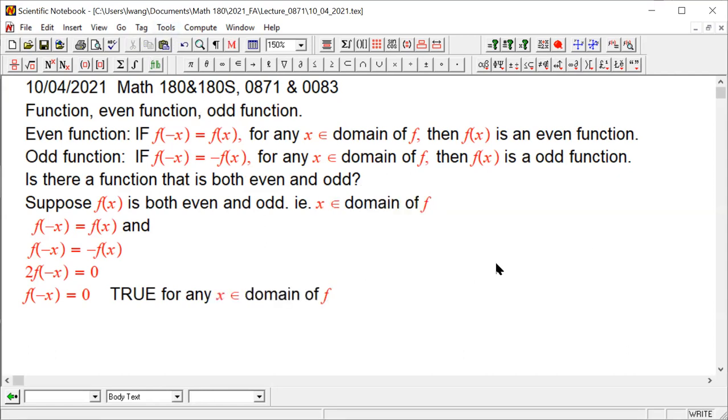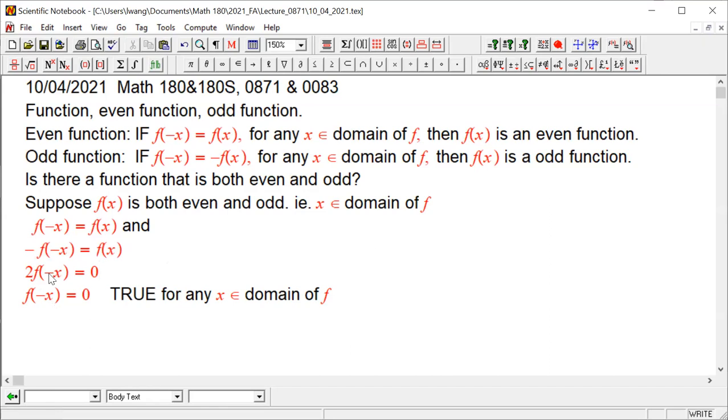I can also manipulate in some other ways. From this equation, I can multiply both sides by the negative sign, so this will be the negative sign and this will be the positive sign.